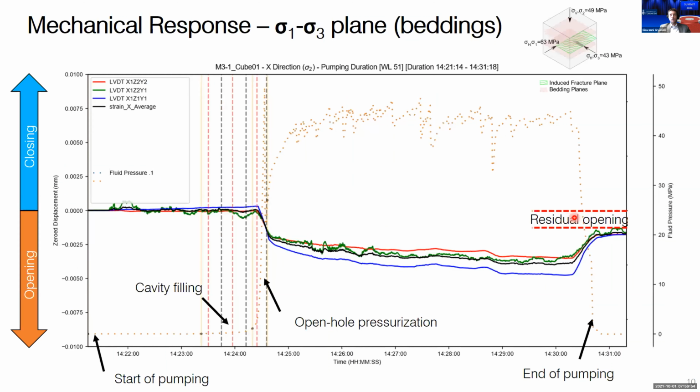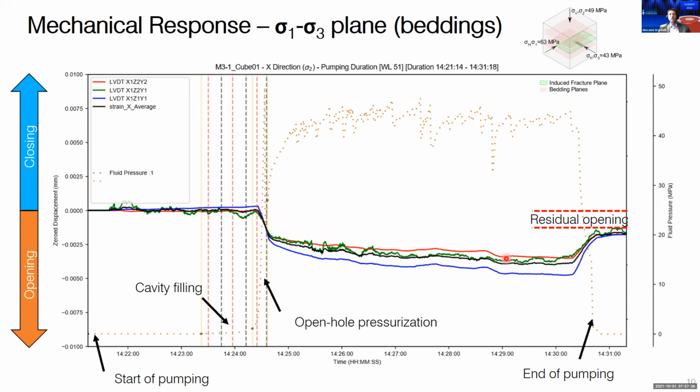During the test, we were not just measuring the pressure response of our sample, we were also looking at the displacement response. Looking at the sigma 1, sigma 3 plane, the plane along which opening was happening, we clearly see that it is also parallel to the bedding plane orientation.